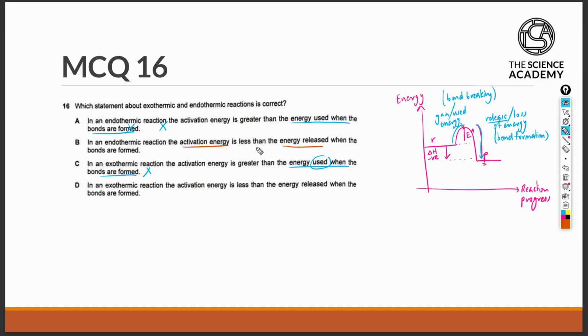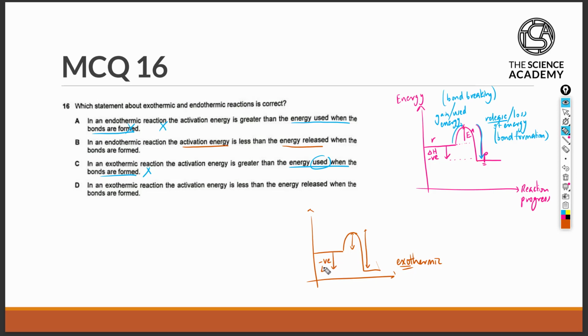So if an activation energy is less than the amount of energy released, meaning the height of the hump is smaller than the energy released, this amount is smaller than this amount, which is according to what we have drawn here, it is an exothermic reaction because overall there is a fall in the energy level.